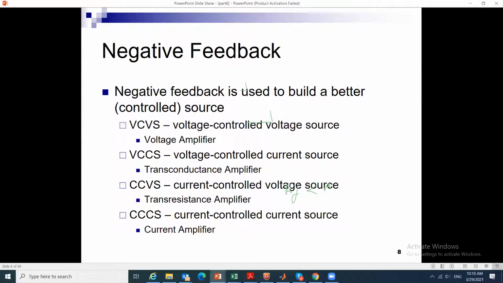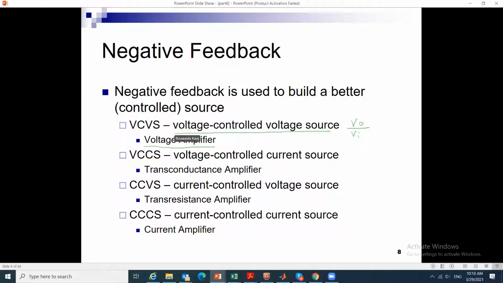Okay, so there are 4 types of amplifiers, and we will talk about them. The first amplifier provides an output voltage given an input voltage. We call this a voltage amplifier or a voltage controlled voltage source.